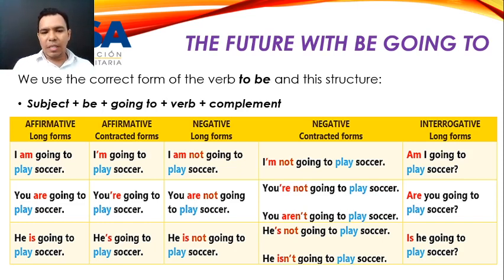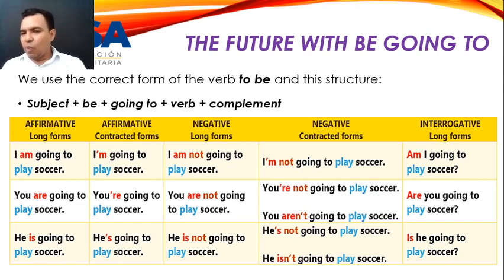About negative sentences, you have the long form and also you can use the negative contracted form, that is the most common. So, I'm not going to play, you aren't, or you're not going to play, he isn't going to play soccer.